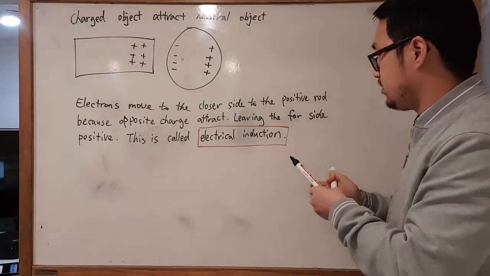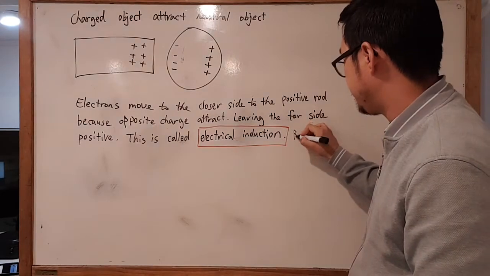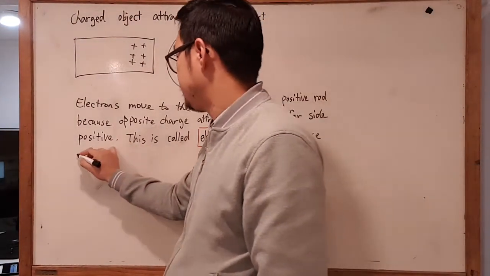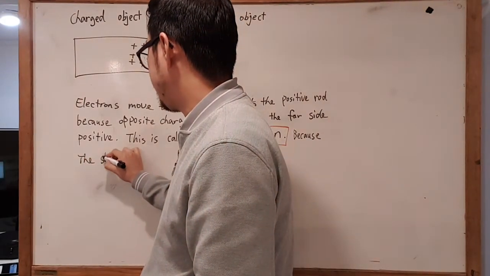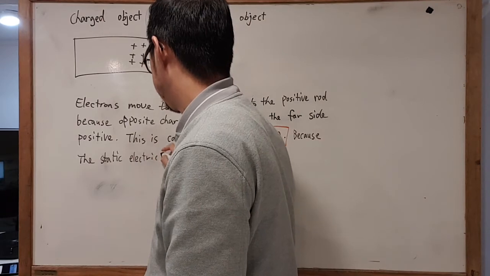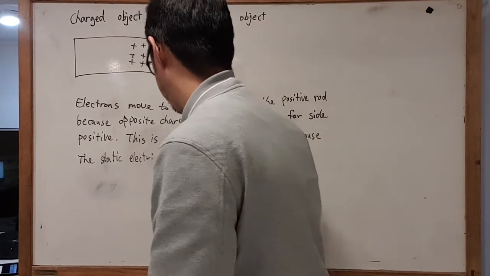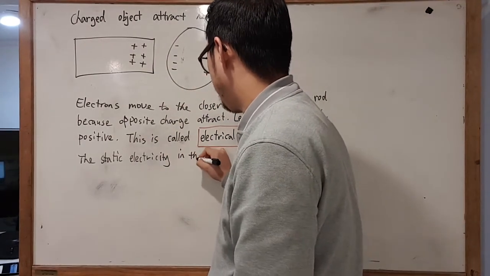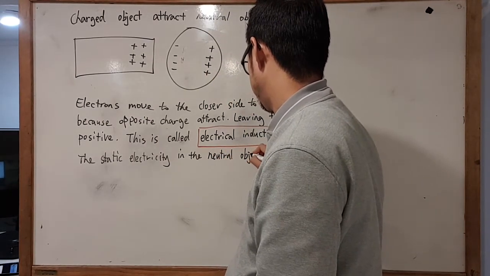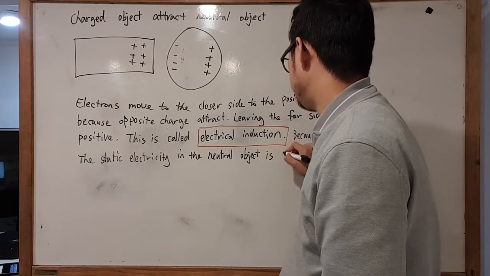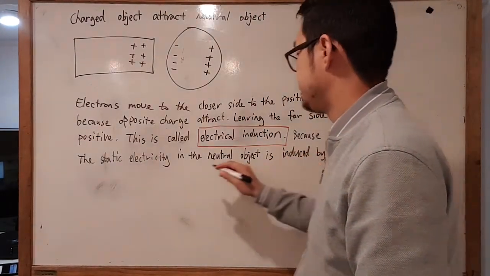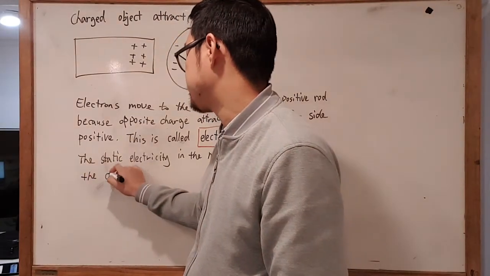Okay, so let's keep explaining it, because the static electricity in the neutral object is induced by the charged object.